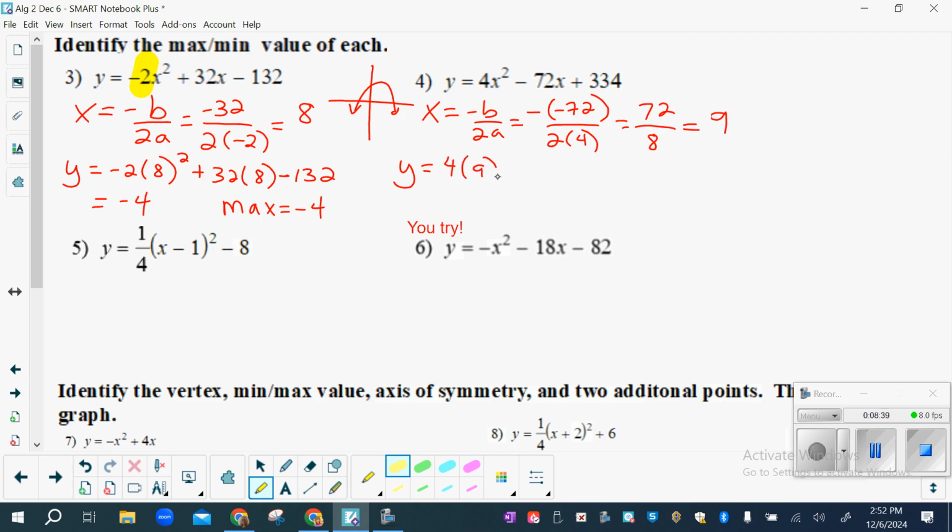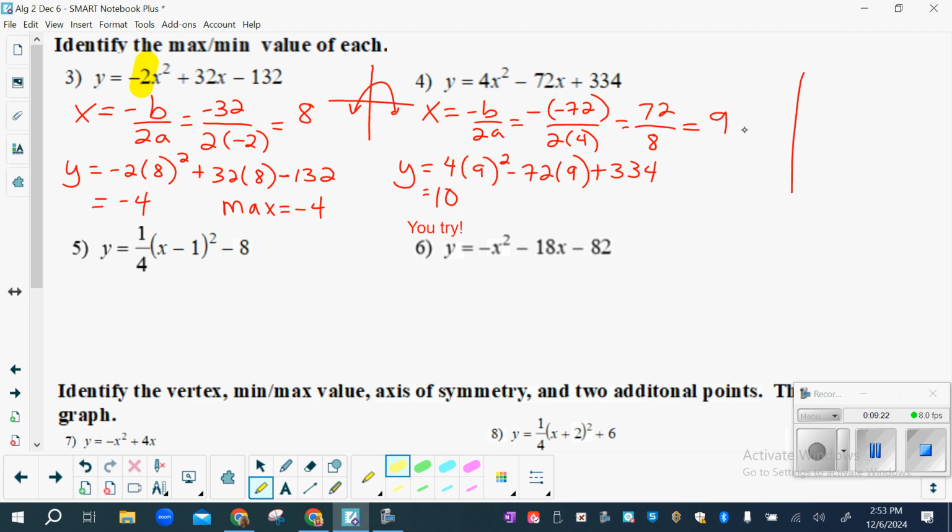So 4 times 9 squared minus 72 times 9 plus 334. That is correct. Got it. Oh, we'll get the next one.